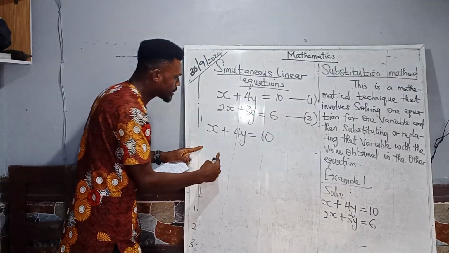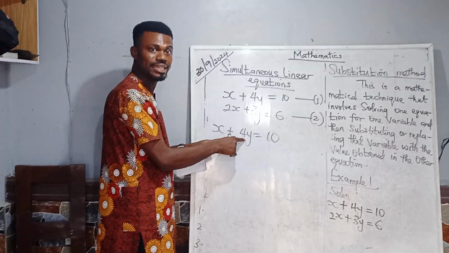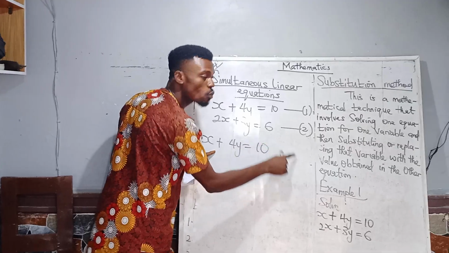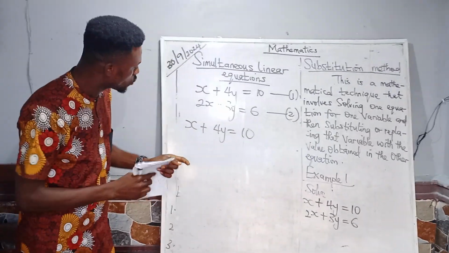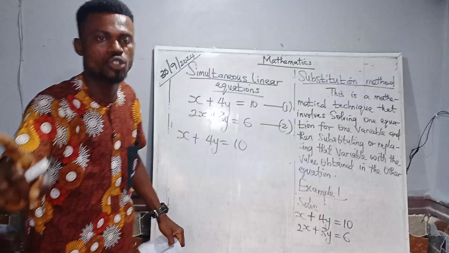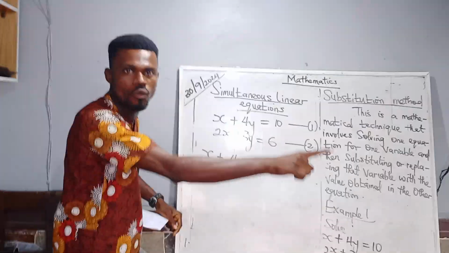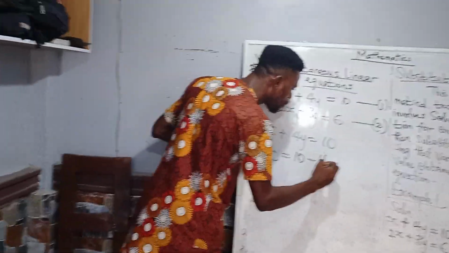So x will stand, then this plus 4y, don't forget the plus sign is attached to the 4y, we cross over the equality sign to the other side. As a rule in mathematics, when plus is crossing over the equality sign, it changes to minus. So plus 4y crossing over becomes minus 4y. That means x equals 10 minus 4y.